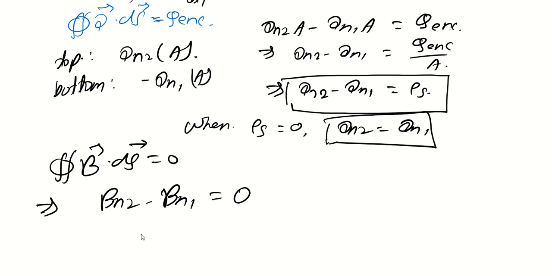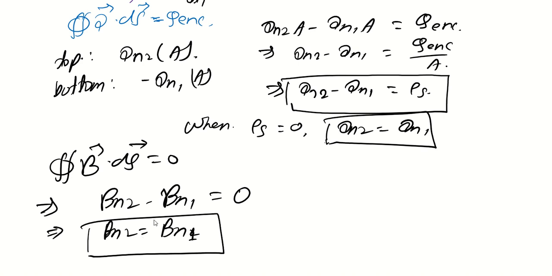So basically you are going to get magnetic flux, that is Bn2 will be equal to Bn1. That is, the normal component of magnetic field is continuous, right, at the surface separating the mediums.